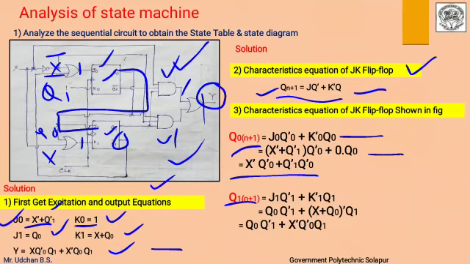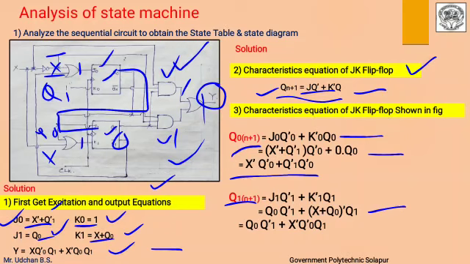Similarly we can write the next state equation of Q1 n plus 1, replace J with J1, K with K1, so J1 Q1 bar plus K1 bar Q1. So again put the values of J1 and K1. Here the values of J1 and K1 are there.